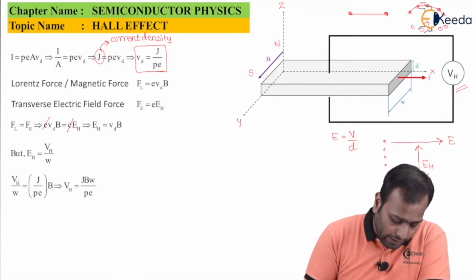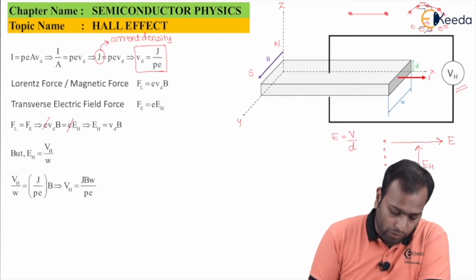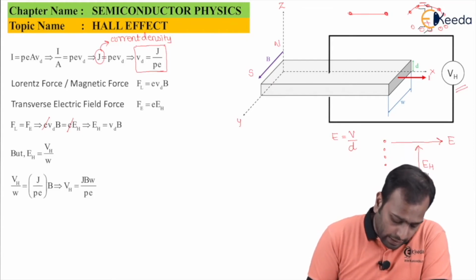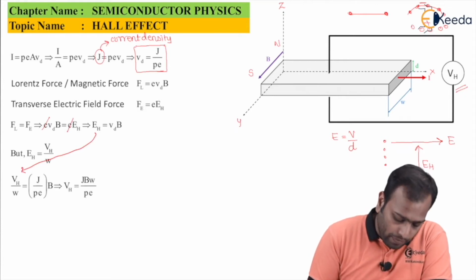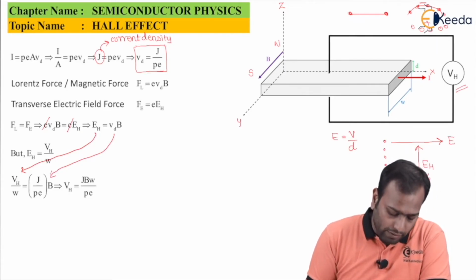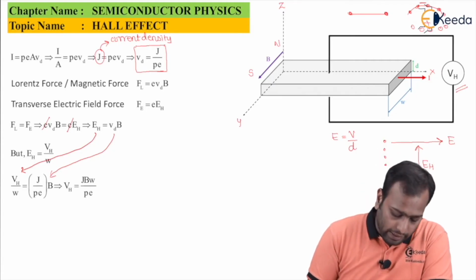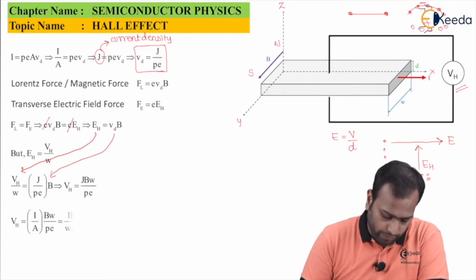So we can replace EH by VH by W in the formula, and Vd as J by ne. Therefore, my equation for VH becomes VH is equal to JBW by ne, of course taking W to the right hand side. This is the value of VH, or the Hall voltage.